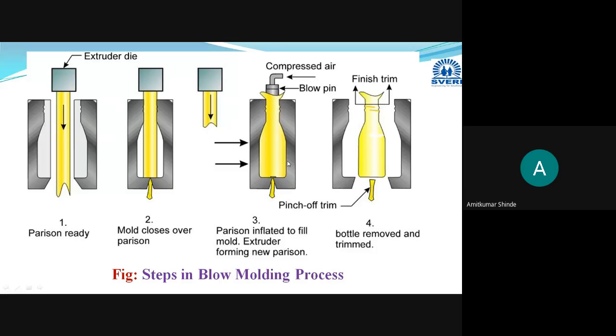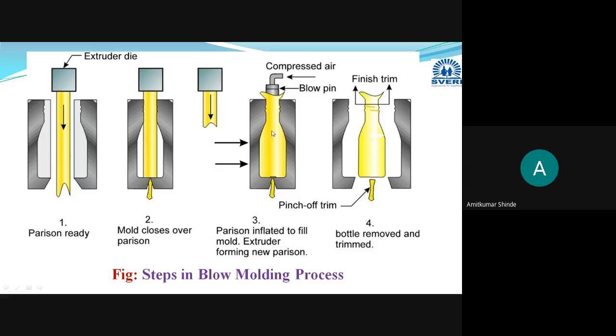Now in the third stage, we are going to inflate this cylindrical tube. With the help of a blow pin, we perform one blowing operation on that tube with compressed air.